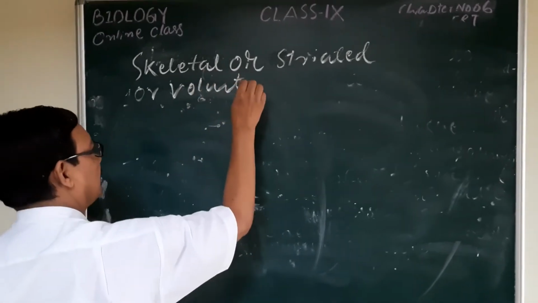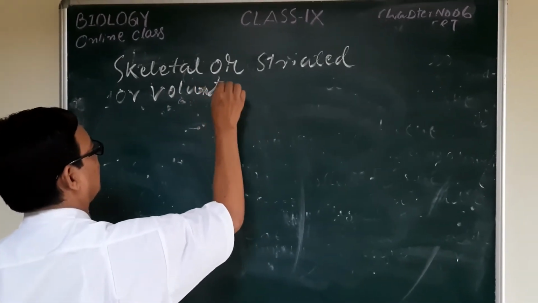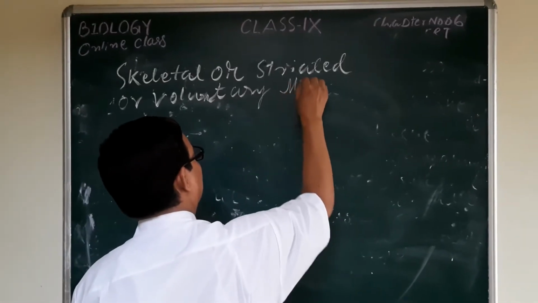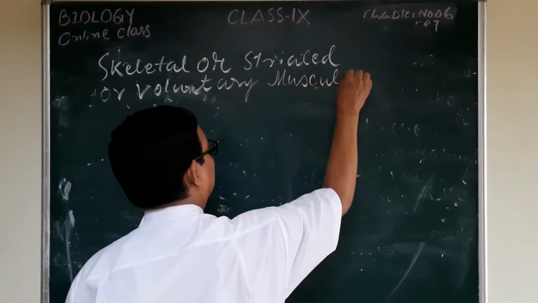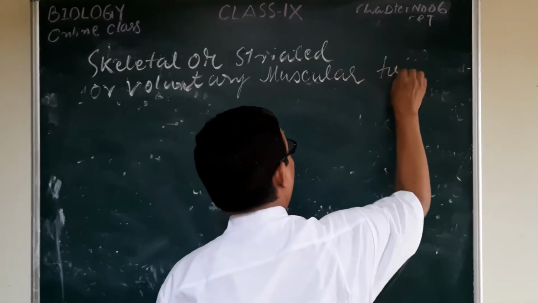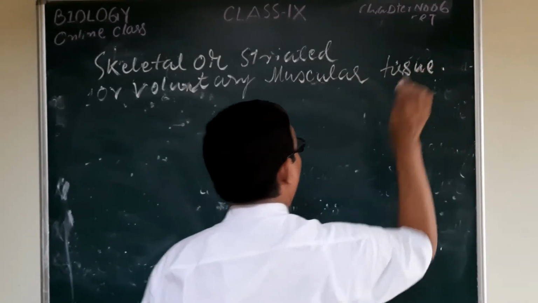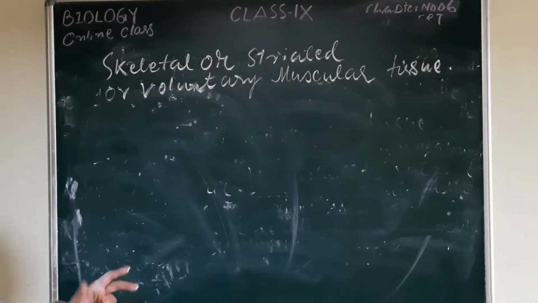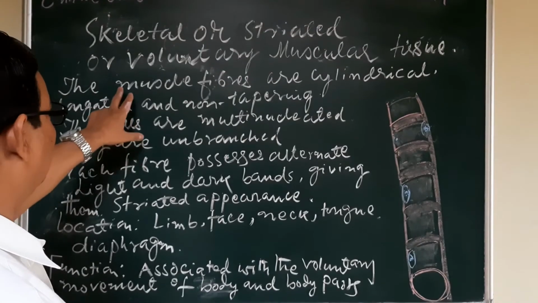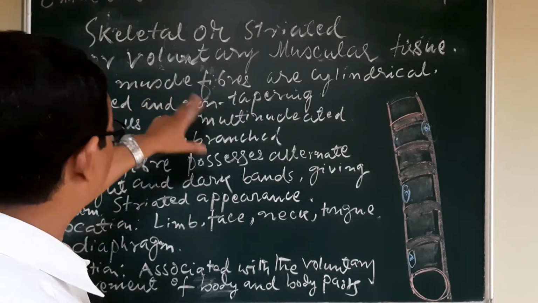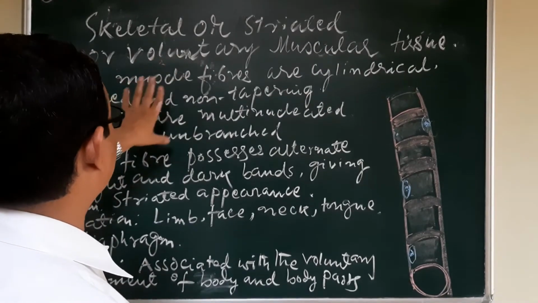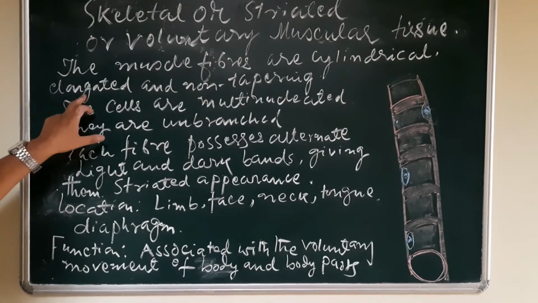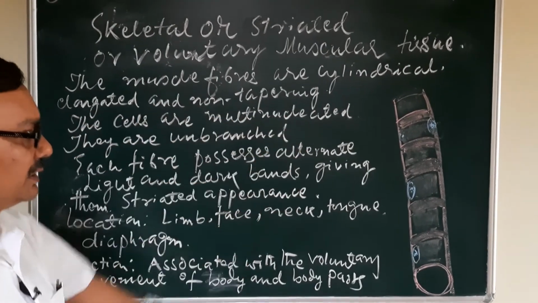Look at the short structure of this muscular tissue. The structure of skeletal or striated muscle: the muscle fibers are cylindrical, elongated and non-tapering.